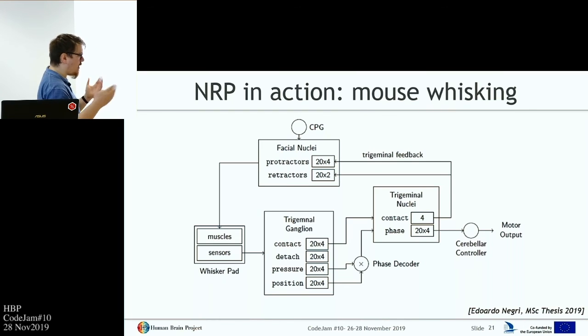There are sensors that are able to detect the contact of the whisker against an object, or the detachment from the object, the amount of pressure and the whisker position. Then they integrate this information, which is also sent to the cerebellum controller to identify the location of the contact.